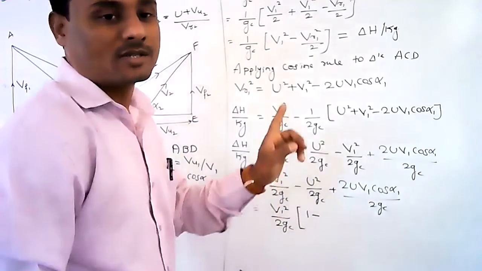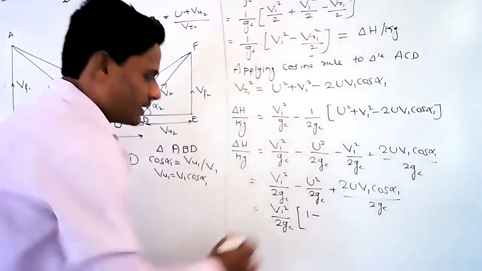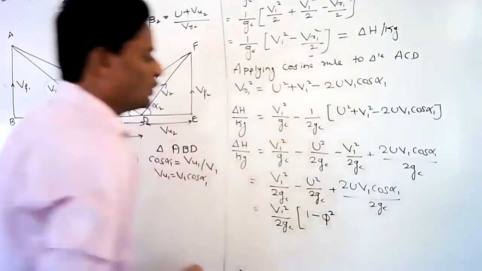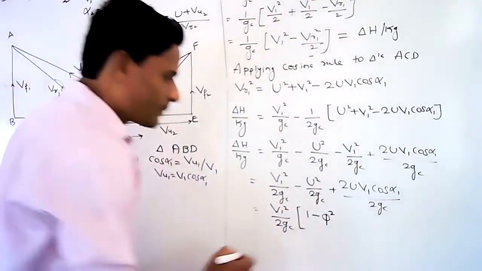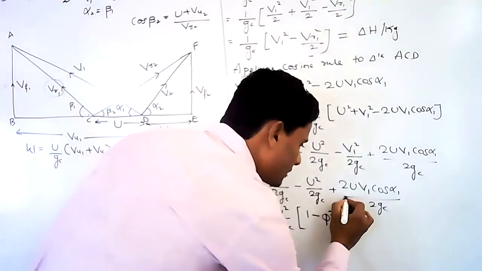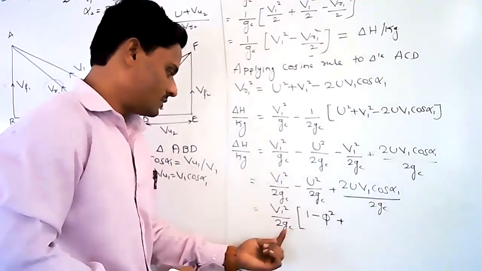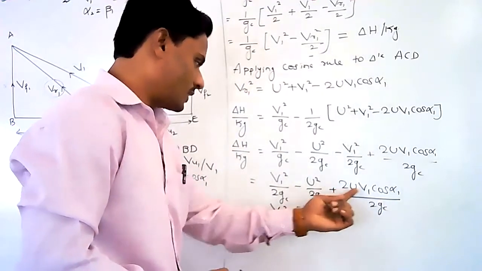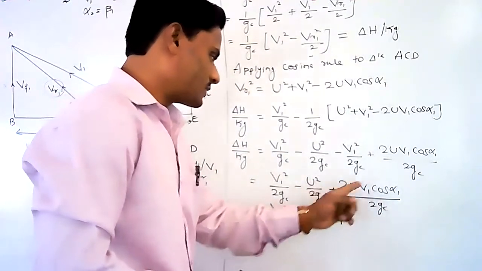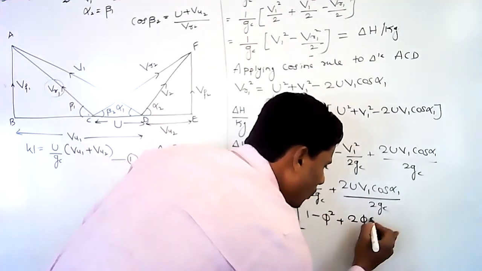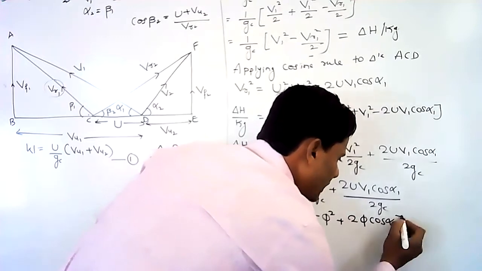U square by V1 square is nothing but phi square, since U by V1 is phi, plus we are taking 2 by 2 GC, denominator common. Here we are left with only V1 square, and V1 square will get cancelled. So we are left with 2 phi cos alpha 1.